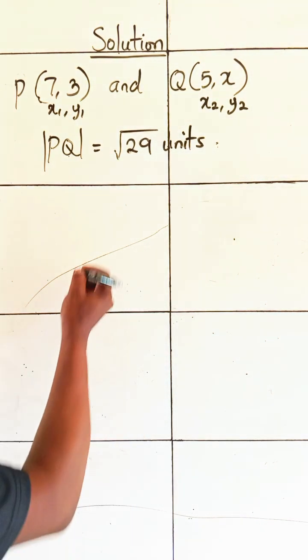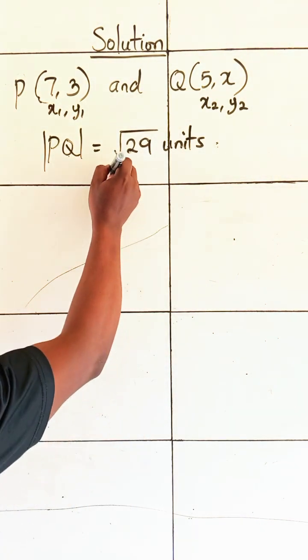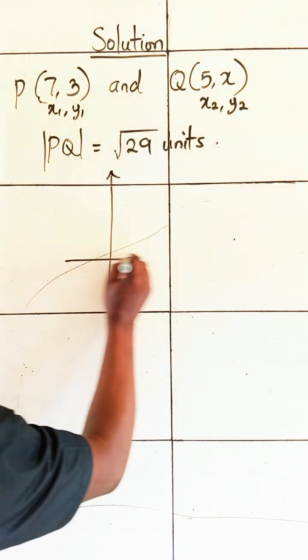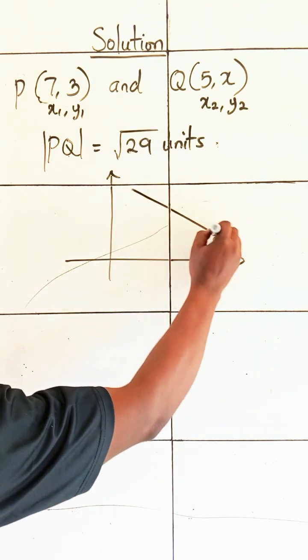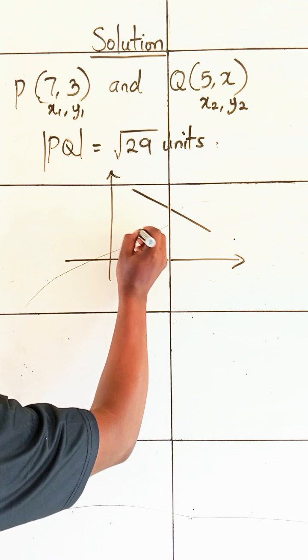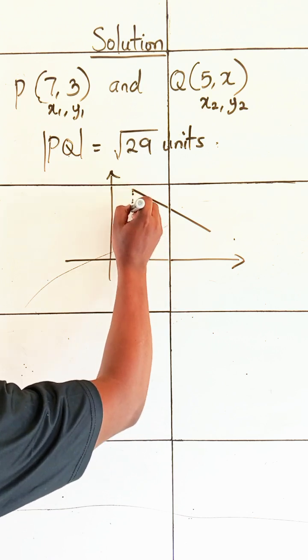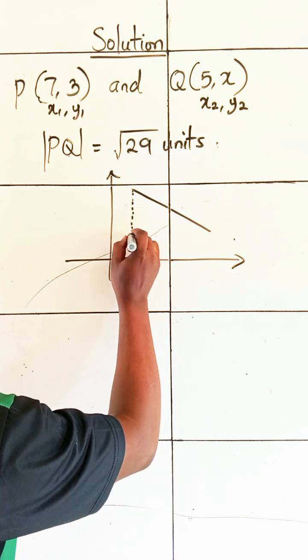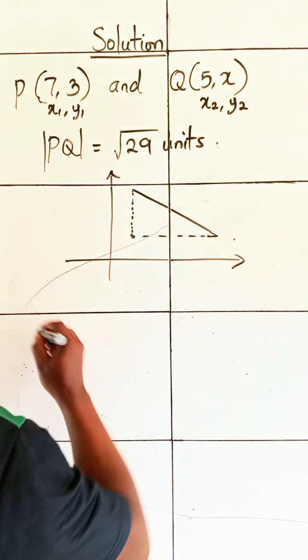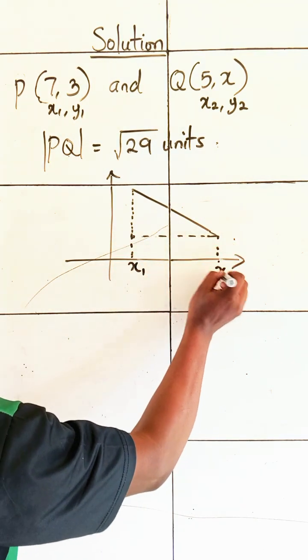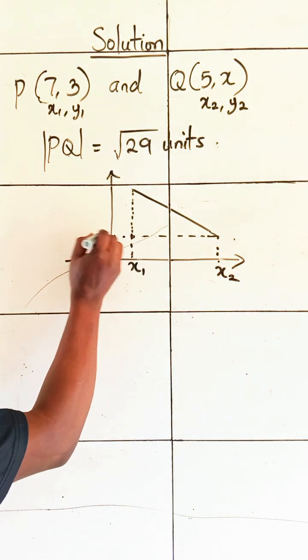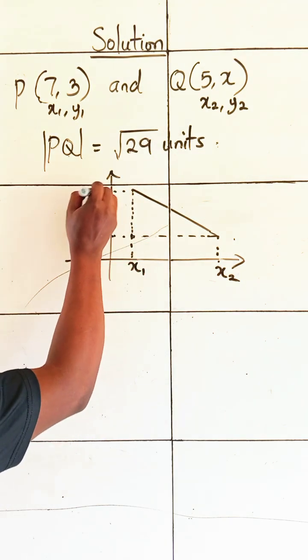So essentially, what are they trying to say? For example, you have a y-axis and x-axis like this, and then you have a line. So let's trace this line. If you label this as x1 and we label this as x2, then here will be y1 and y2.